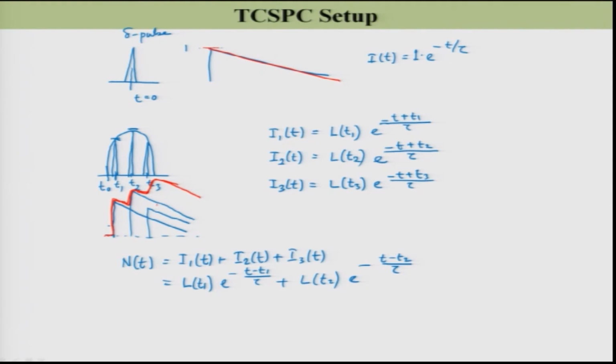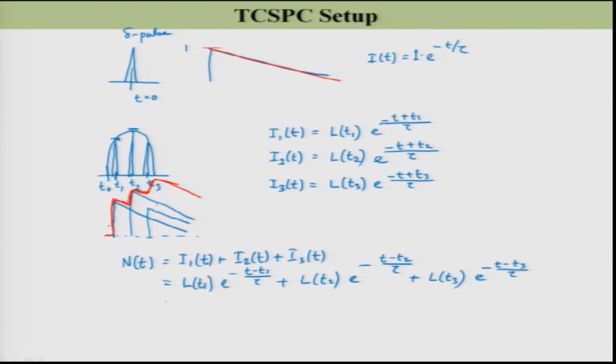I just took the negative signs out over here, plus L(T3) e to the power minus (t minus T3) by tau. Good.